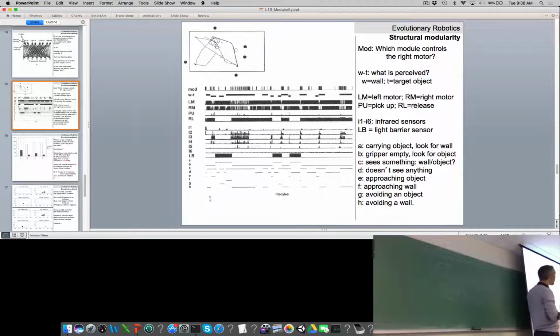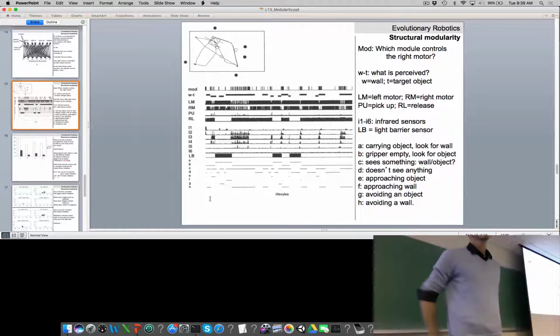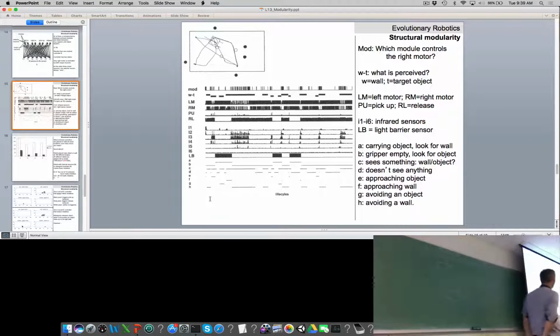Suddenly the left motor also does something different. Right? So things are propagating from the right motor to the environment, back to the sensors, out to the left motor. Are these all on the same time scale? They're all on exactly the same time scale. They're measuring all of these variables at each tick of the clock as the robot was cleaning this environment.